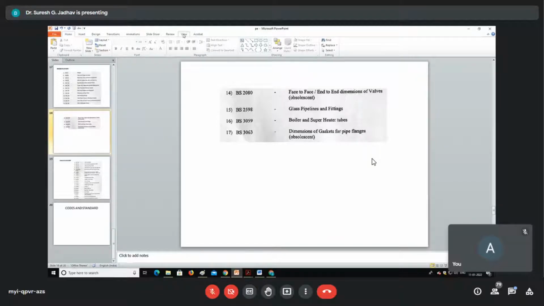DIN standards are more popular, and equivalent British and Indian standards are also available for certain piping elements. So this is all about codes and standards.